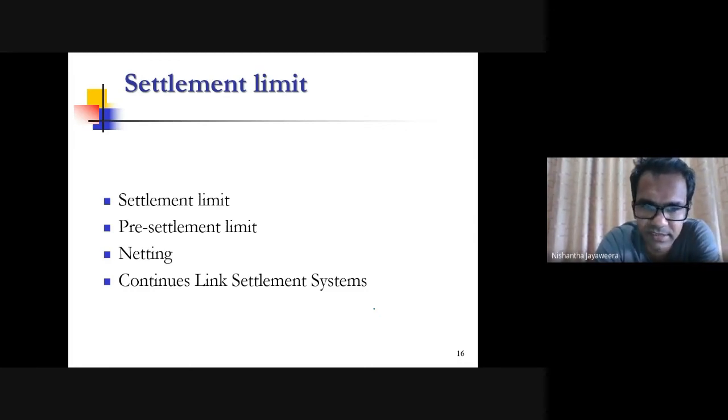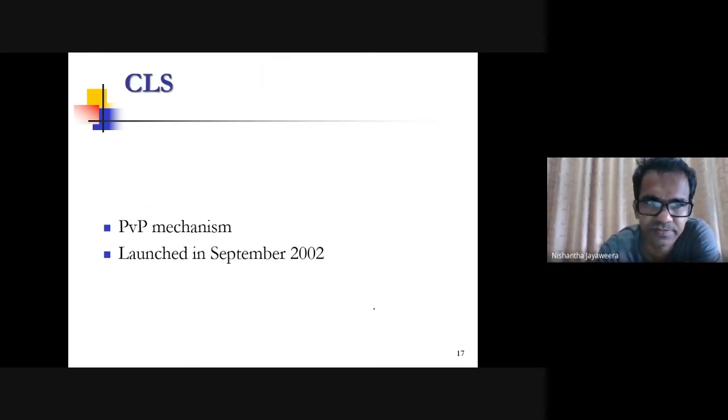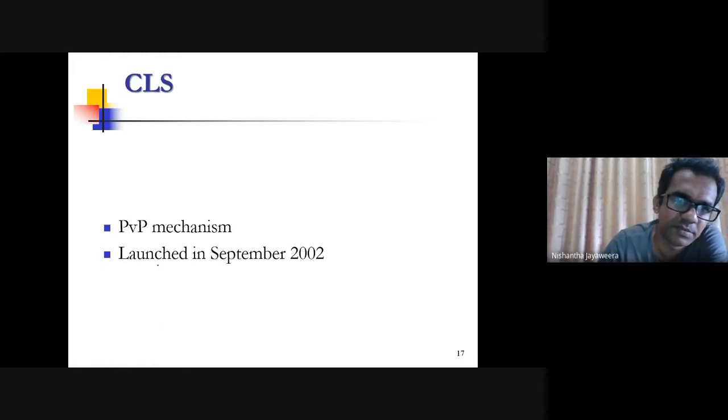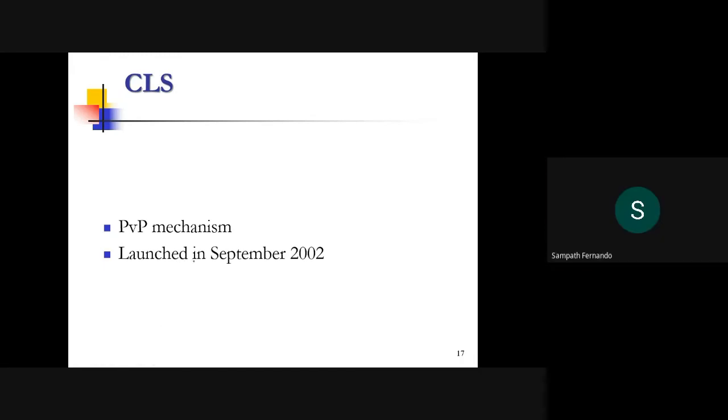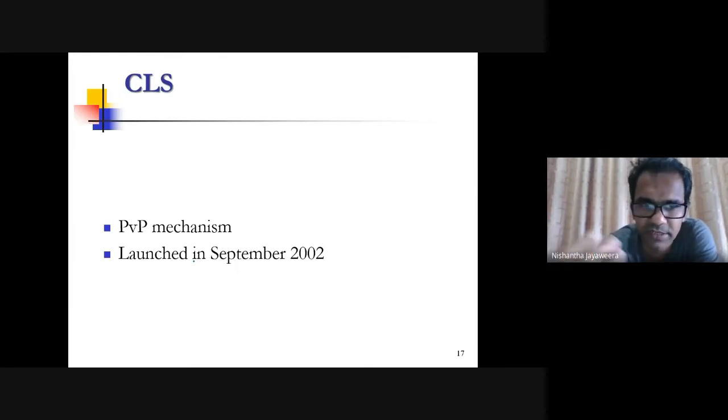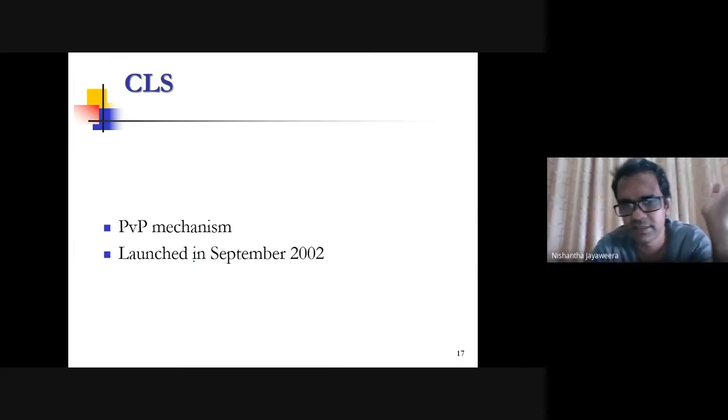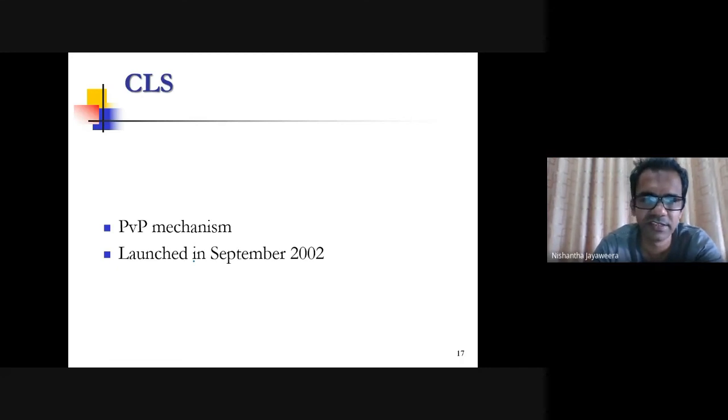Then the other one is the continuous link settlement system. It is a PVP mechanism. What does PVP mean? Payment versus payment. Not like in the previous case we discussed, where one party pays its currency and waits a few hours or almost a day until the other party makes the payment.